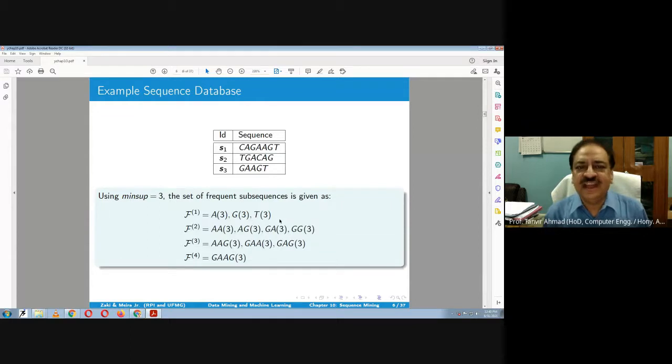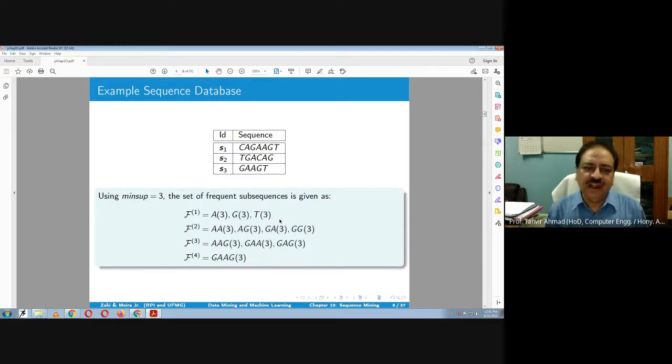Now let us take an example. This example is a small one, because if I take a very big example, it will be difficult to explain, because the tree will become very fat. Now suppose there are only 3 sequences, S1, S2, S3, which are part of the database. And the sequence S1 is CAGAAGT, and these are all part of ACGT, which is nothing but the set of symbols sigma.